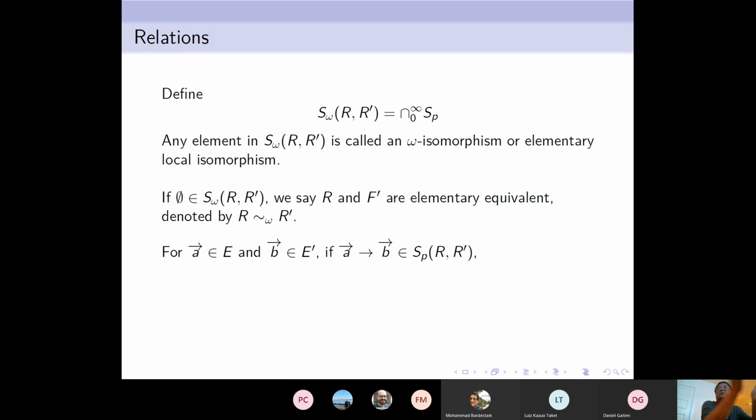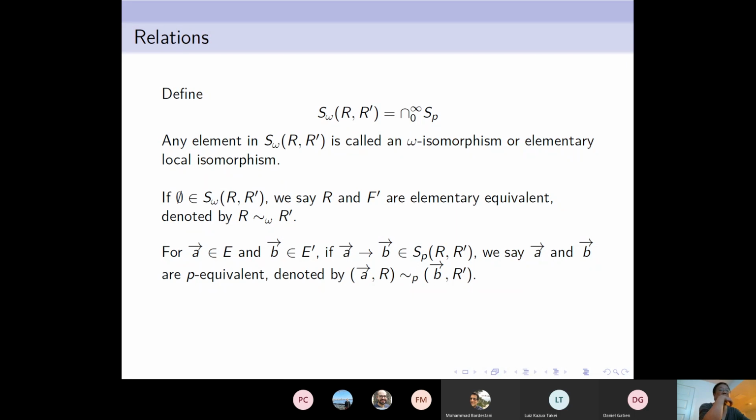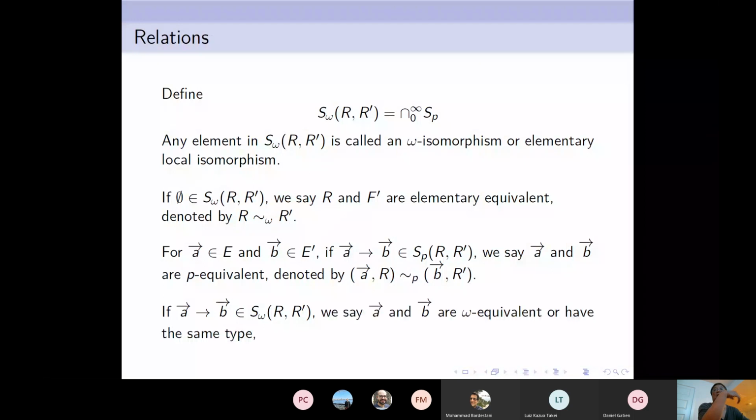A and B have the same arity, the same number of components. If the natural mapping from A to B gives us an element in S P, then we say A and B are P equivalent, denoted by this. And if this map gives a local isomorphism for any P, then we say these two tuples are omega equivalent, or have the same type, denoted by this.